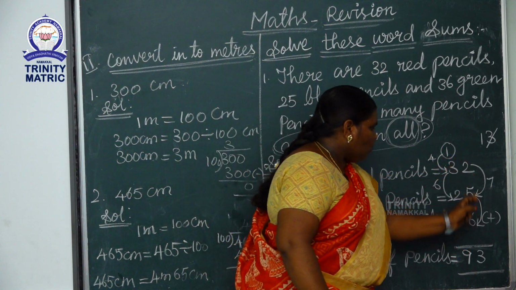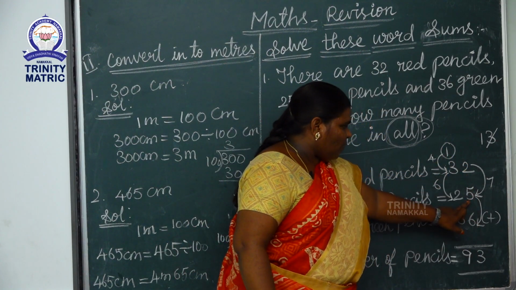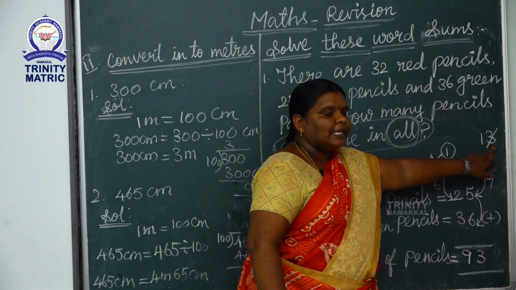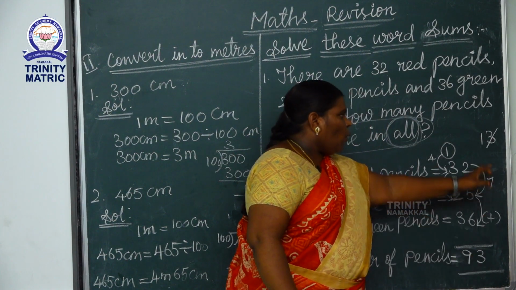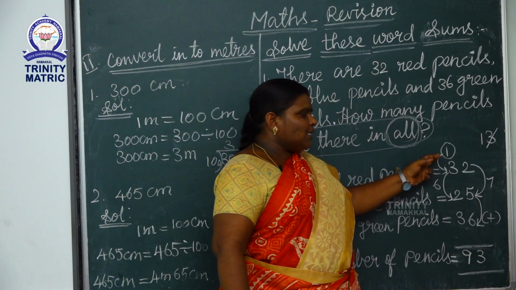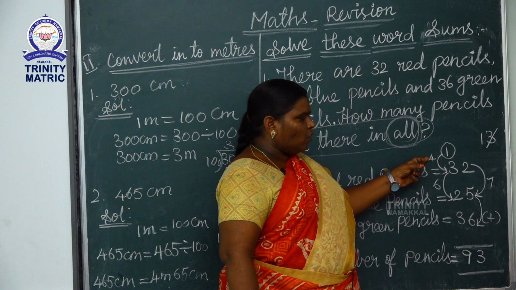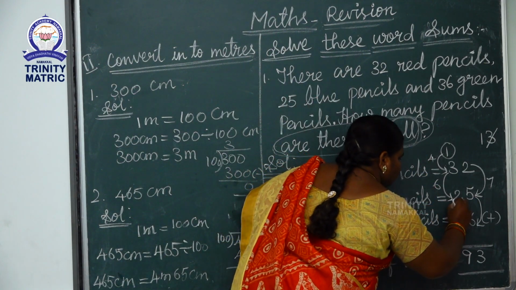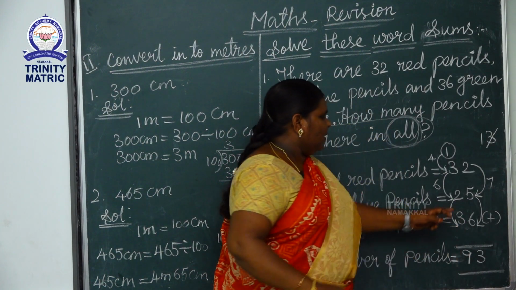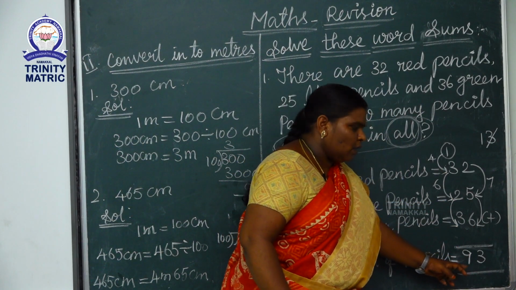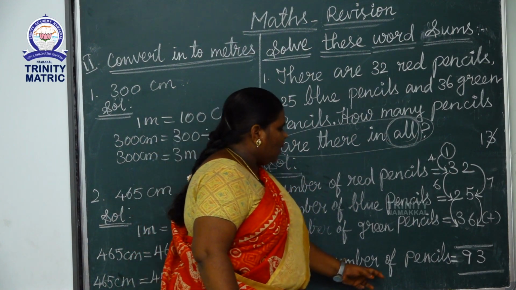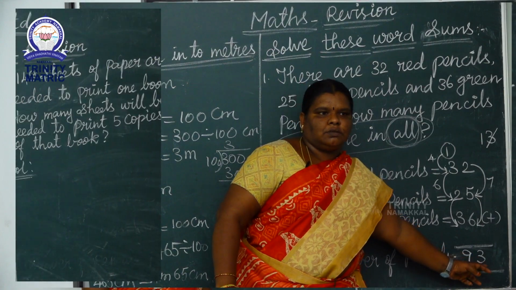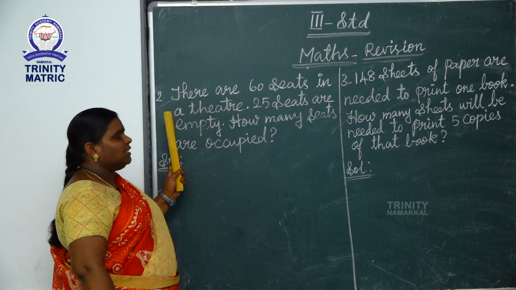First you add the ones place. 2 plus 5 we get 7. 7 plus 6, 13. 3 only write in ones place. 1 is carrying over to tens place. 1 plus 3, 4. 4 plus 2, 6. 6 plus 3 we get the answer 9. So total number of pencils is 93. Do you understand, children? Okay children, we see the next sum.